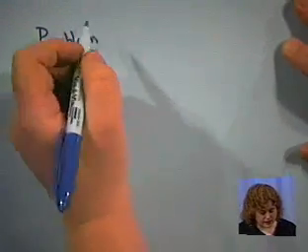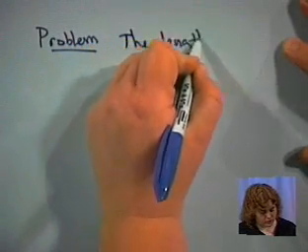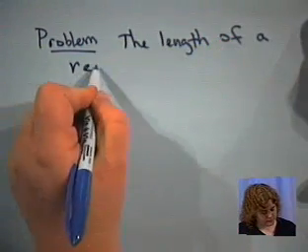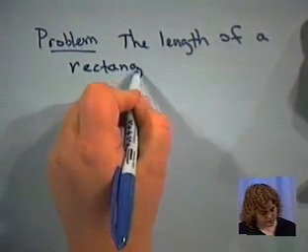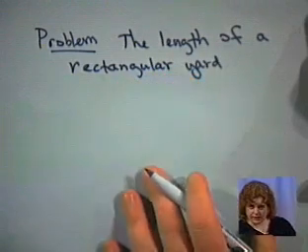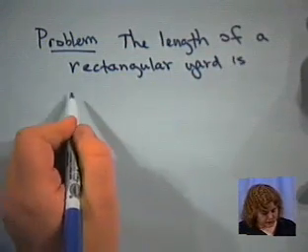The length of a rectangular yard, and I'm going to write out the whole thing. So as you read it, the picture of a rectangle is hopefully coming to your head, is 10 meters more.